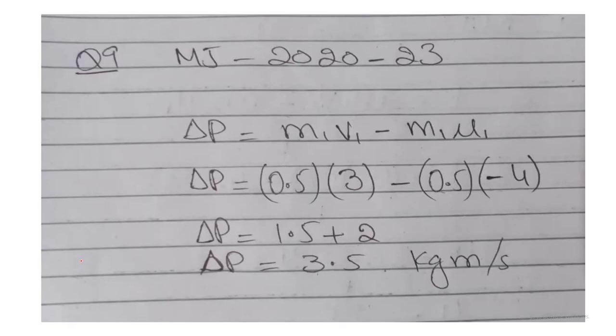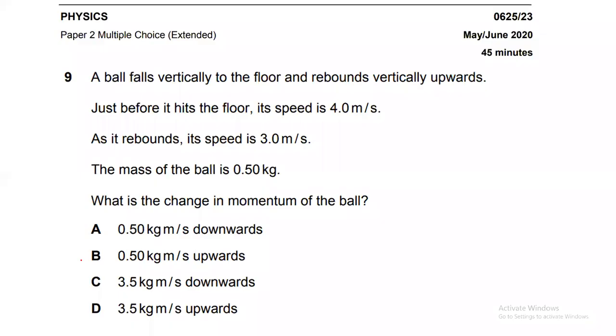So you will have 1.5 plus 2. So the change in the momentum will be 3.5 kg meter per second, and because it's positive, it will be in the upward direction.